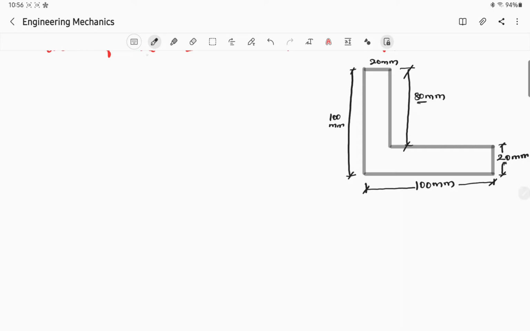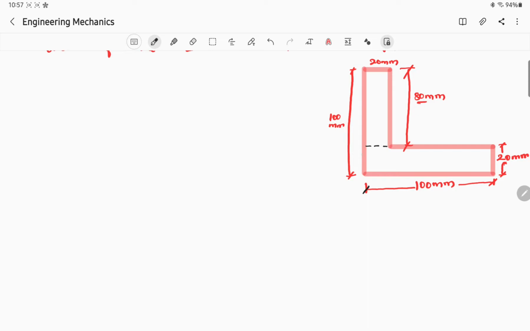This is the question now. So we'll make it in red color so that it will be easy for us to understand. So now I'll start the solution part. Here we have done the same L section about its base, but now we are doing it about its centroidal x and y axis.